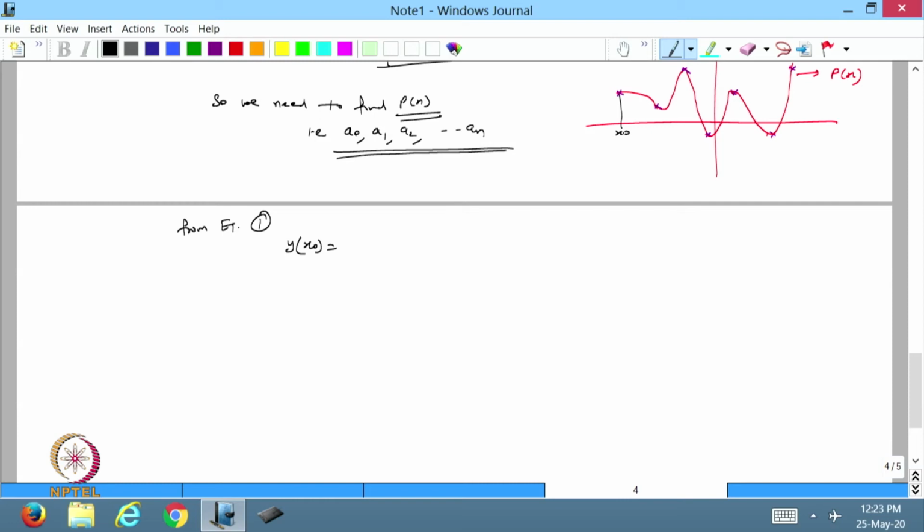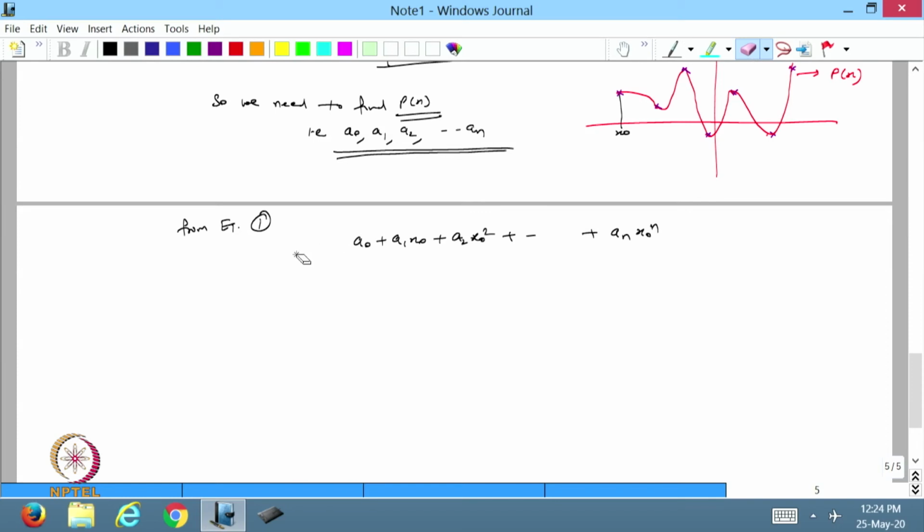At this point I want to find a0 plus a1 x0 plus a2 x0 square, and in the end I will get an x0 power n. This is equal to P at x0, and I know that this P at x0 is equal to y0, that is known to me.